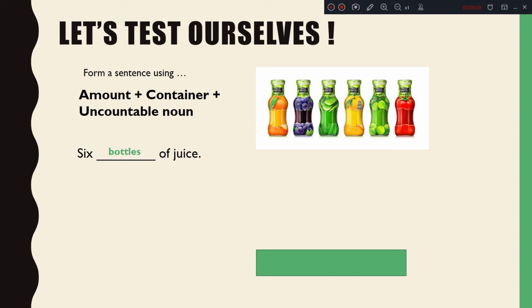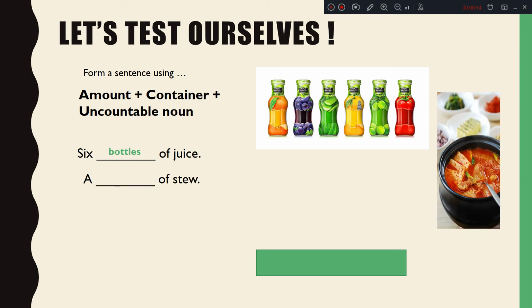Great, 6 bottles of juice. What about a blank of stew? Nice, a bowl of stew.